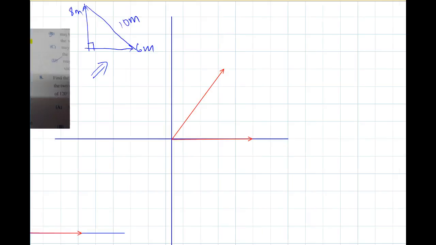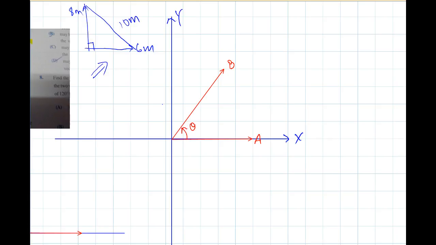Let's say I have two vectors A and B, and the angle between them is theta. Now how do I find out the resultant of these two vectors? Let's try to break it down. Let's say your x-axis is along A and your y-axis is perpendicular to that.